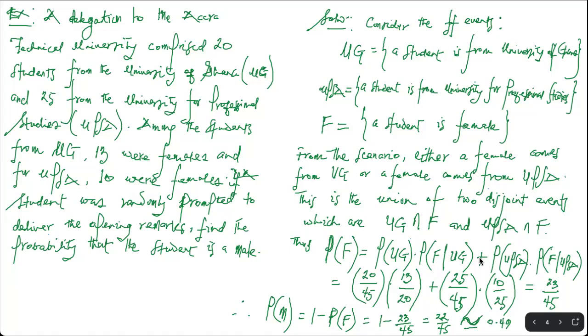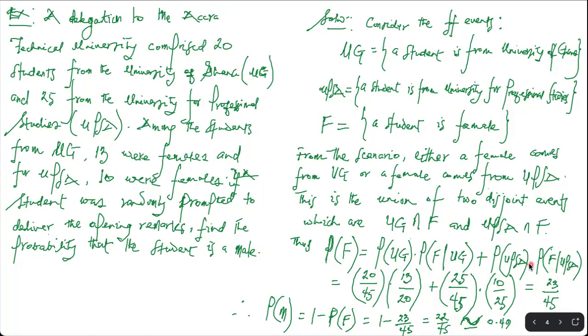You realize that here we are reversing the process. We are reversing the order of the conditioning. You see here, we are finding the probability of being a female, given that you are coming from UG, and then on this side, we're finding the probability that you are a female, given that you are coming from UPSA.